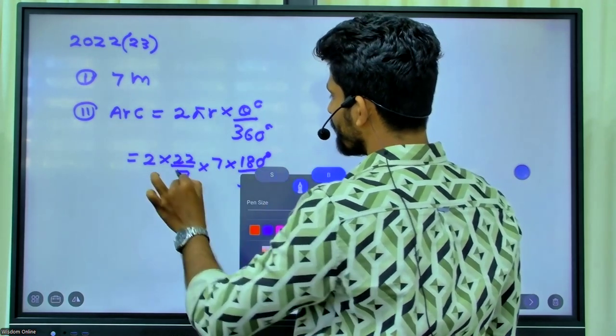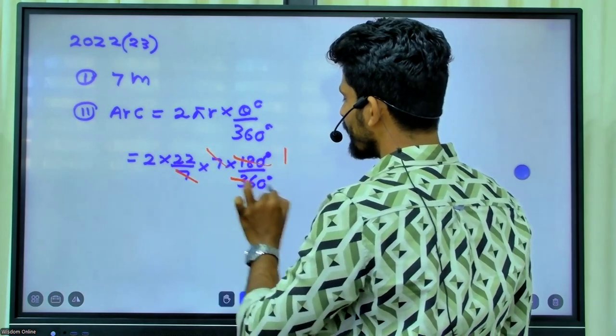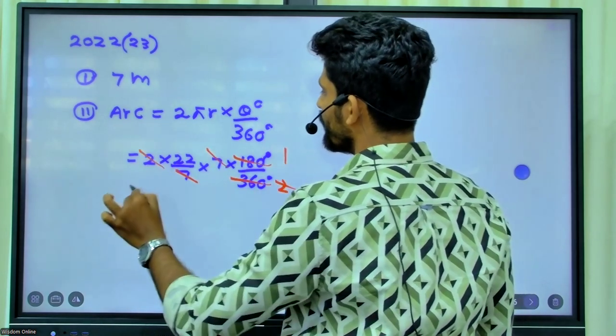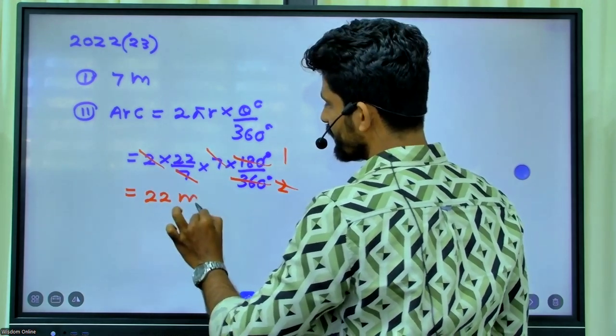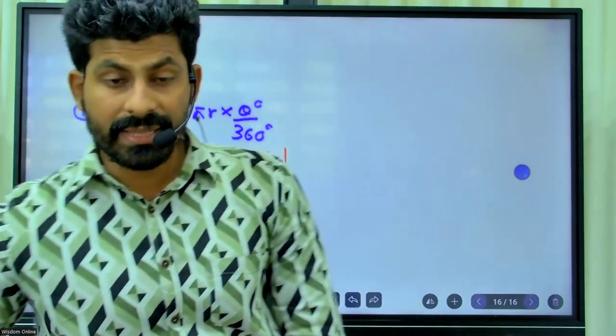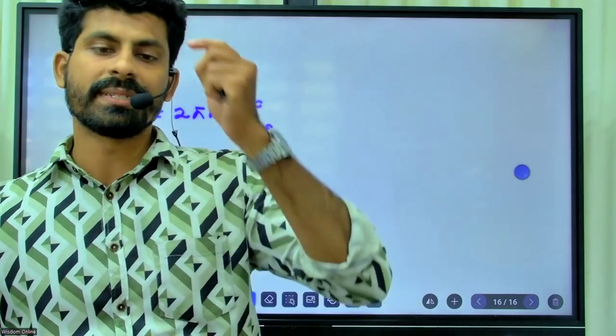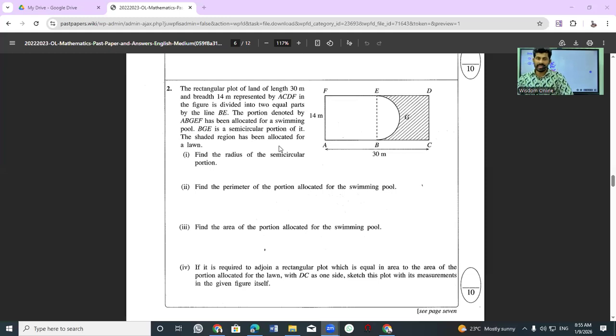So 7 cancels 7 and 2 divided by 2. So that means 22 meters. Arc length equals 22 meters. Then 22 plus 15 plus 15 plus 14.